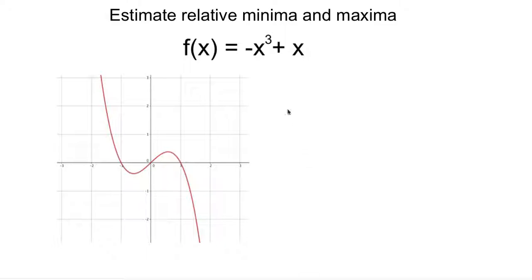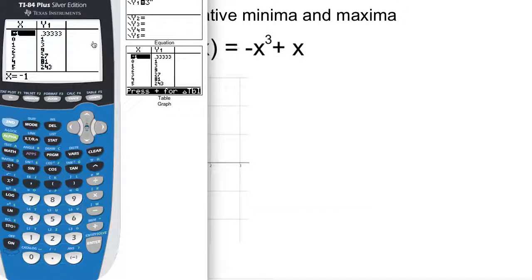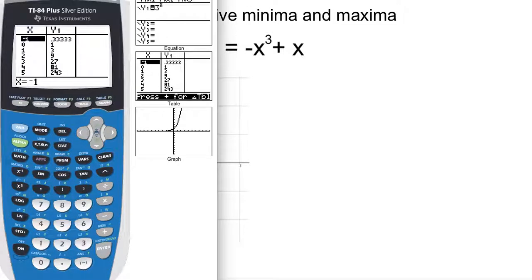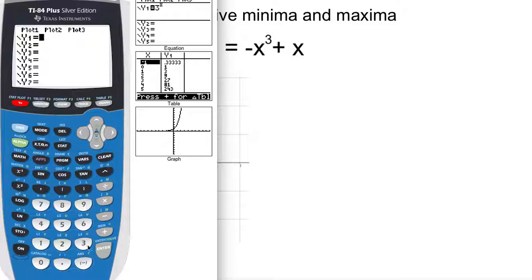So if we're going to look at this, negative x cubed plus x, we're going to find on our calculator the relative minima, the relative maximum. So, if I have my calculator here, I'm going to get rid of everything I was working on previously. There we go. All right, so y equals, I plug this into the y equals function.